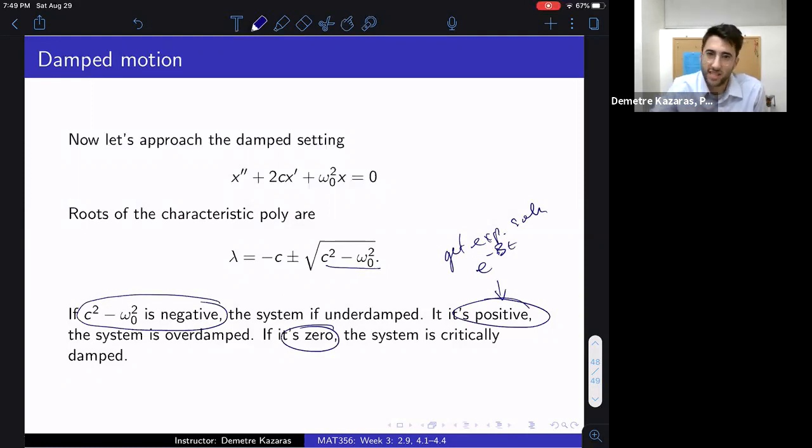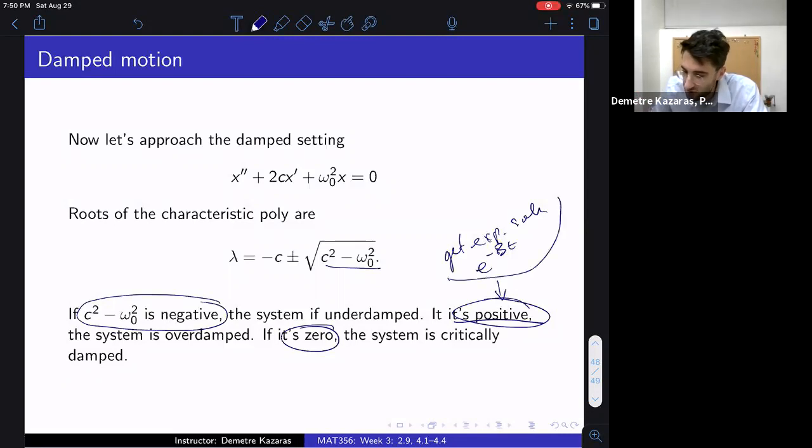You can see that it will have to be positive. The exponent will be negative, b will be positive. So if c is bigger than omega naught, then you just get exponential decay from your solutions.